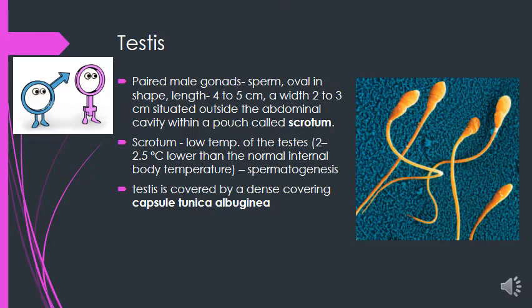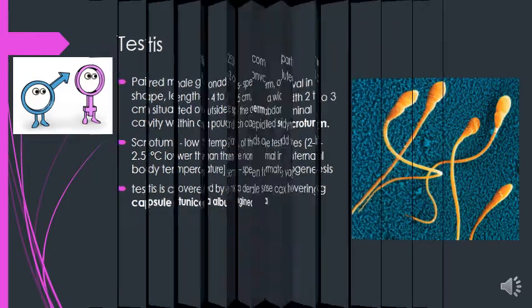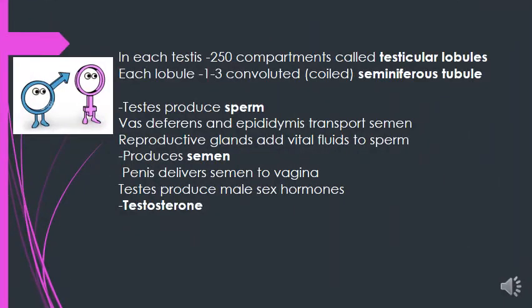So another thing we have is that the testis is covered by a dense covering, and this covering is called capsule tunica albuginea. Okay, in each testis there are 250 compartments called testicular lobules, and each lobule has 1 to 3 convoluted, coiled seminiferous tubules. What does it mean?